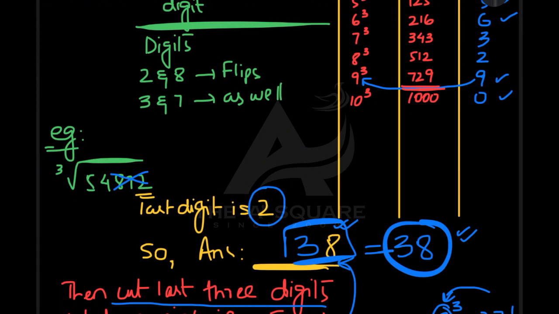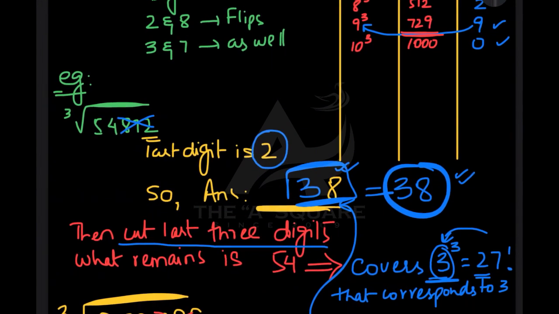I have written 8 in my answer in yellow color. After that, the process goes on when you cancel out the last 3 digits of this number. 54,872 has last 3 digits 872. I'm cancelling out 872. Then whatever remains is 54.